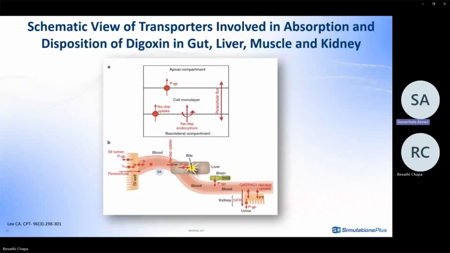PGP attenuates the intestinal absorption and the central nervous system distribution, and is involved in the elimination by transporting it from hepatocytes to bile and renal proximal tubule to urine. Basolateral uptake of digoxin has been shown to involve sodium-dependent processes, and digoxin is eliminated as an unchanged drug with a comparable recovery in urine and feces in humans.